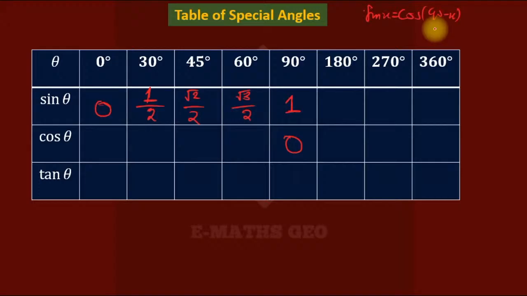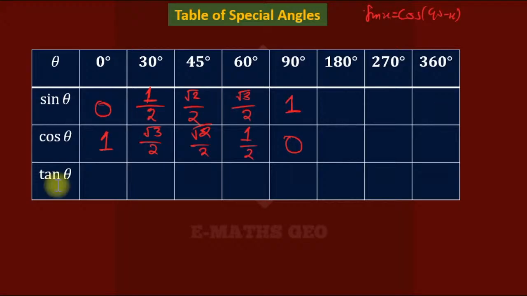Sine 60 and cos 30 will be the same thing. So cos 90 and sine 0 are the same thing. It's the opposite from the back now. You decrease from 3 as the numerator, with 2 and 1.